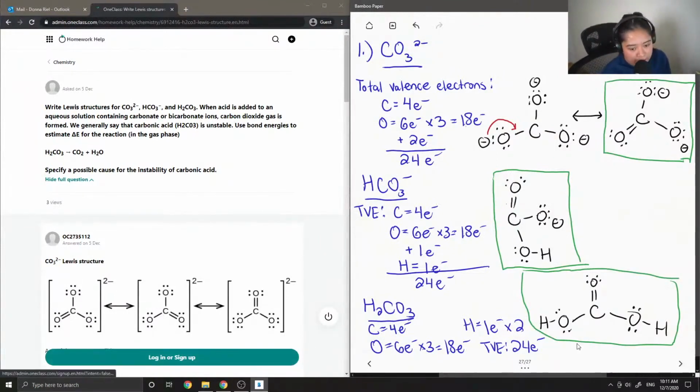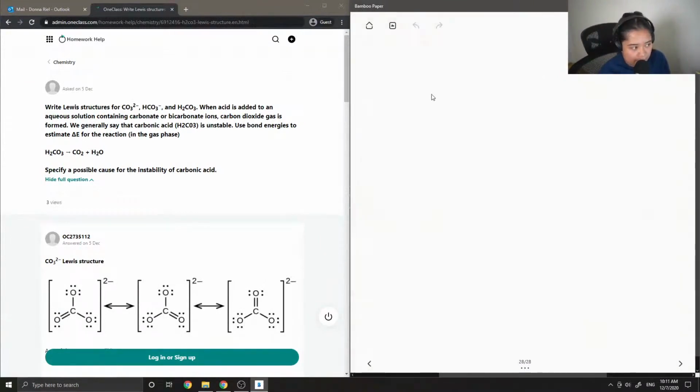Okay, so now that we have all the Lewis structures written down, we can get to the second part of the question. I'll just label it as 1B. So I'm going to first draw out the chemical reaction.